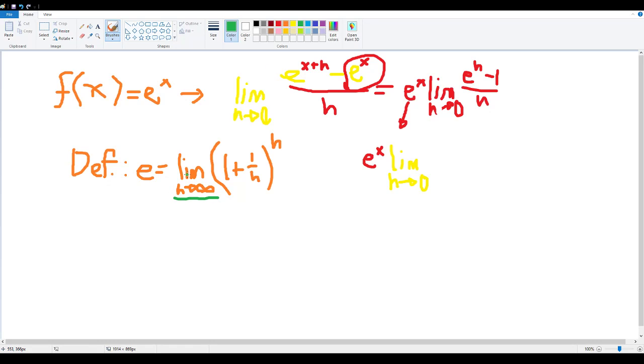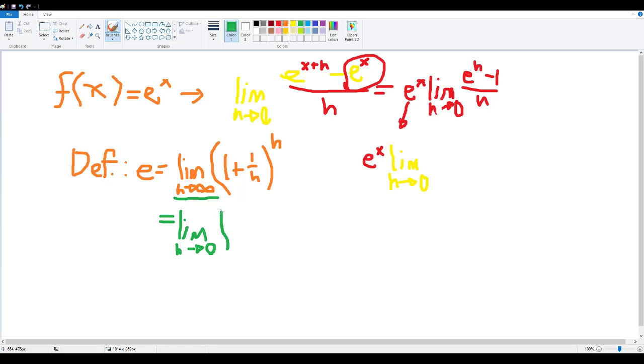Now, in our case, h is going to 0. So this needs to be h goes to 0. How are we going to do that? Well, we can rewrite this as limit as h tends to 0. Well, how do we make it so that as h tends to 0, this number here, which is originally getting closer and closer to 0, is getting closer and closer to 0 again?